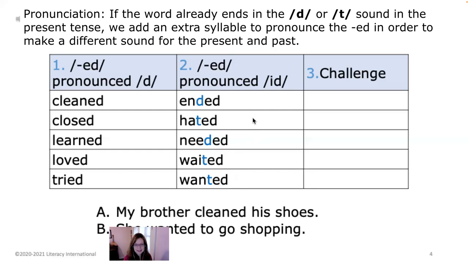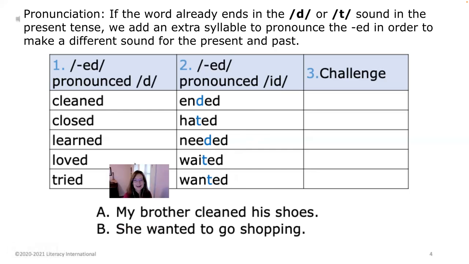For many students, for example, my Spanish and Portuguese speaking students, they want to put an extra syllable on all of the words that end with an ED. And so it's really hard to break them of that habit. And you'll need a lot of practice on that.